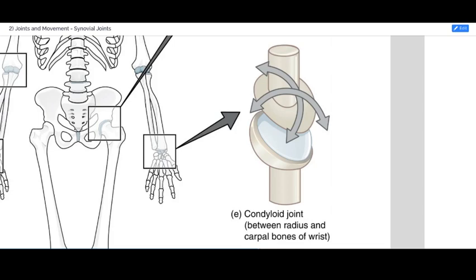It can move rather significantly going forward and backward, so to speak, and then slightly side to side. One hallmark of a condyloid joint is that one of the directions of movement is greater than the other. And so if you think about the wrist, you can move your wrist forward and backwards pretty easily, but then side to side is a much more limited movement, and you're going to see that a lot of places where you have condyloid joints.